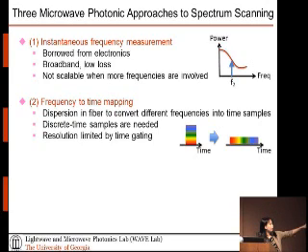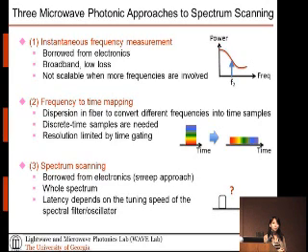If you see the illustration on the right, you have a square wave consisting of colors from red to blue, and after the dispersion medium, you'll see in the time domain that the red comes out faster, and the blue comes out slower. So it's just spread over time. This approach is good, despite the fact that it's discrete time sampling, and also the resolution is limited by how fast you can gate the signal, which I will describe more in the coming slides.